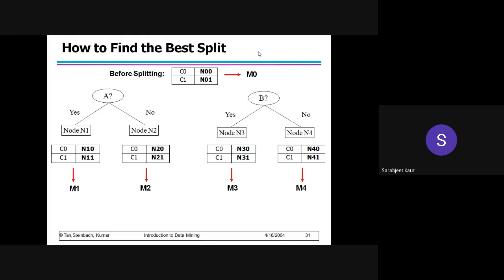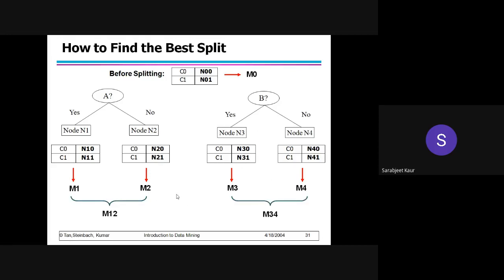Whatever metric we are using, we first compute the homogeneity or the impurity at this level, and we call it M0. Similarly, after the partition for A, we compute the metric for the children, and for B too. For N1 we call it M1, for N2 we call it M2, and so on. For Ni we call it Mi.